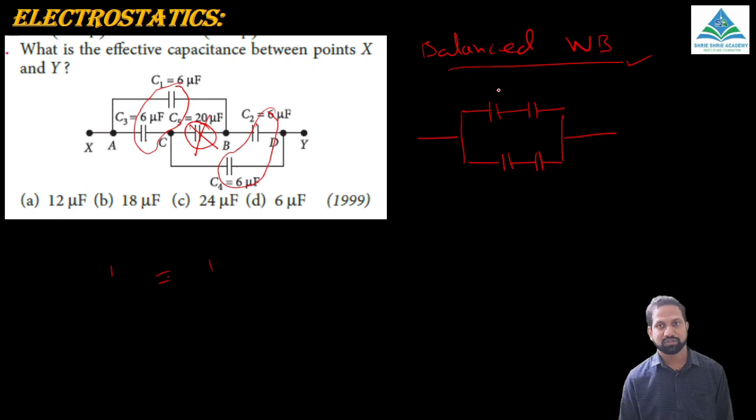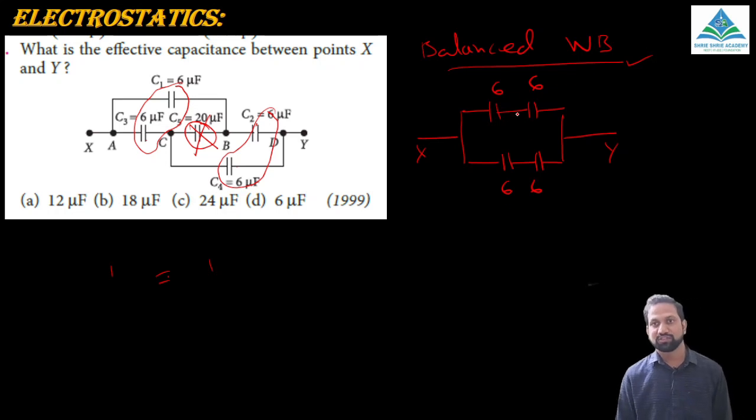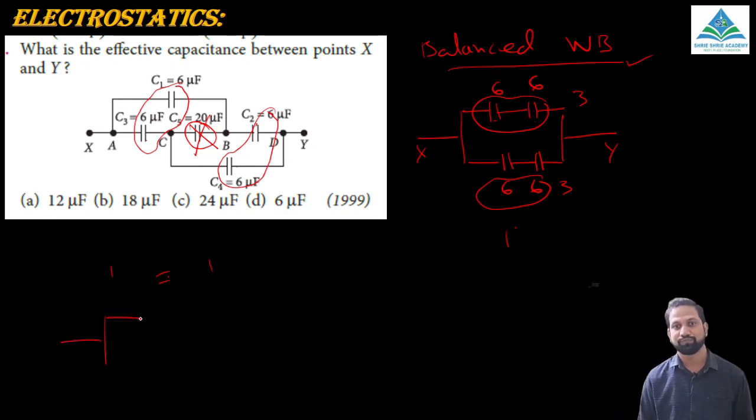So 6 and 6 here, and 6 and 6 here, with X and Y. If capacitors are connected in series, they have to be added reciprocally. If they are connected in parallel, they have to be added directly. So 6 and 6 are in series, so the effective of these two will be 6 by 2, which is 3, and similarly here also 3. Next, this is 3 and this is also 3, but they are in parallel.